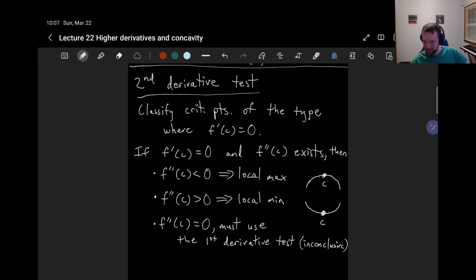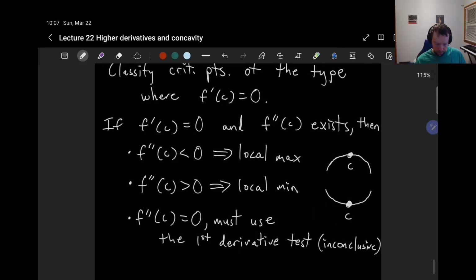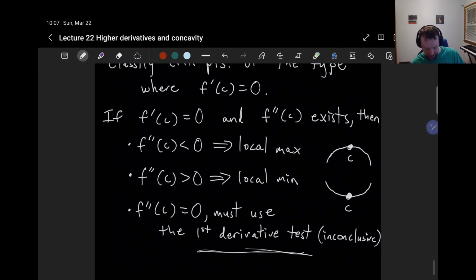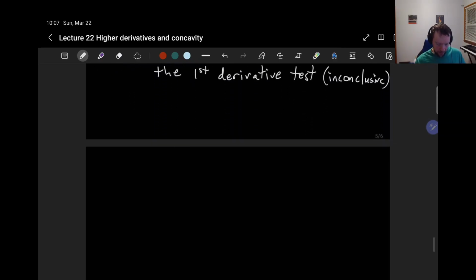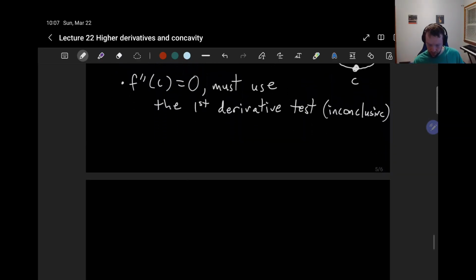So the second derivative test, it's a little bit more limited in scope, but it still works in most situations. I would say usually when it does work, it's the better option than first derivative test. That's my own preference. But the good thing about first derivative test is that it always works. I just find it to be a little more tedious most of the time.